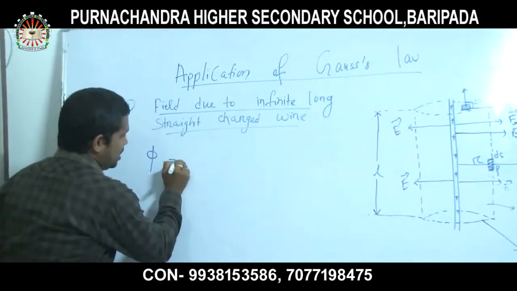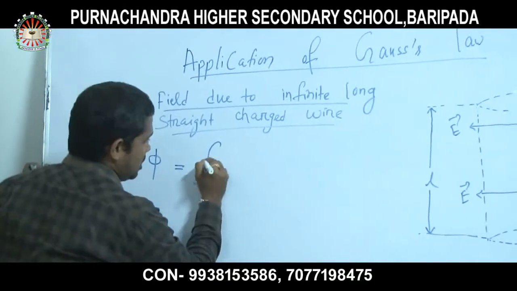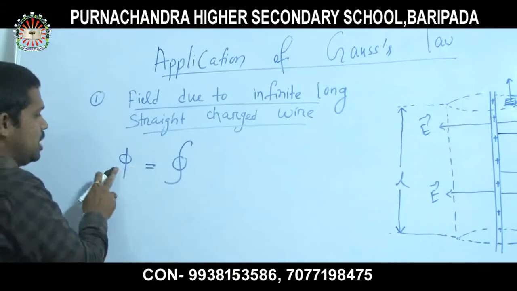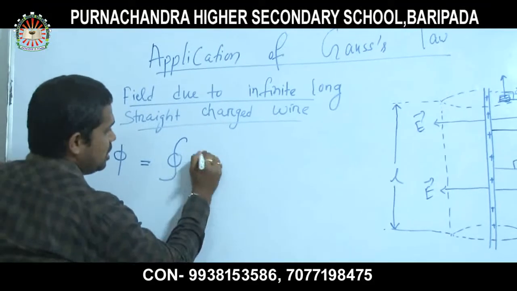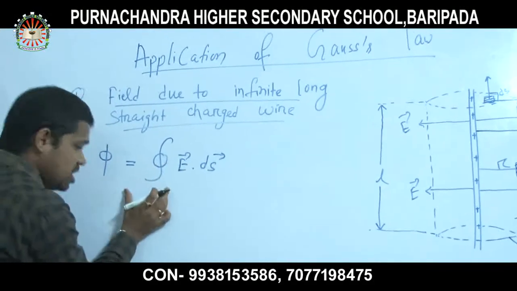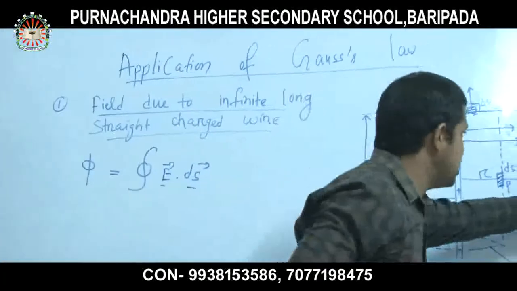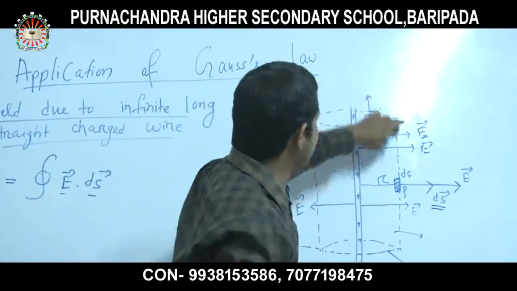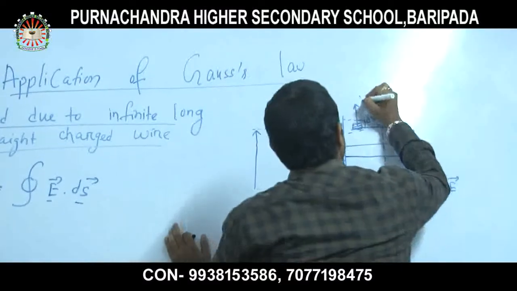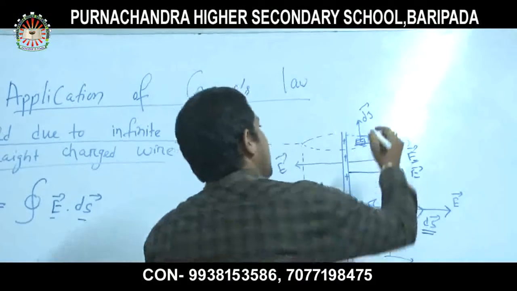That is phi is equal to integration over, as it is a closed surface, so let us take the closed loop, integration of the formula E dot ds. That is important. That's why we are emphasizing these 2 points only. This is the direction of ds here, and this is the direction of electric field intensity.